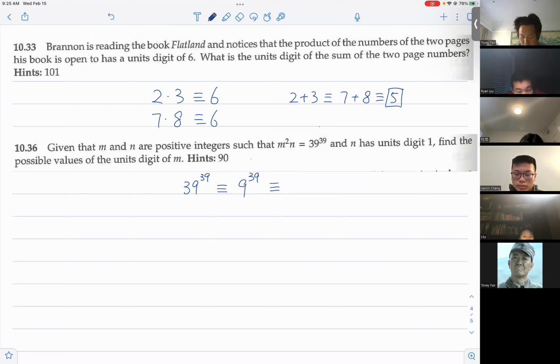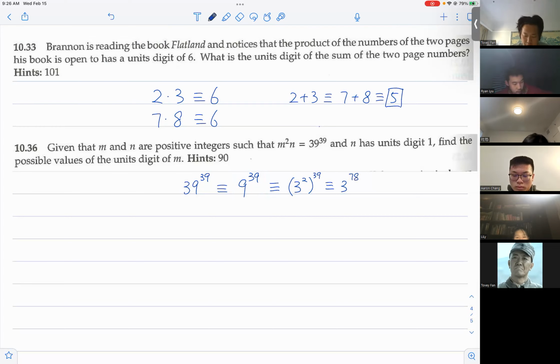So it becomes 3 squared, and then to the 39th power, and this becomes 3 to the power of 78.